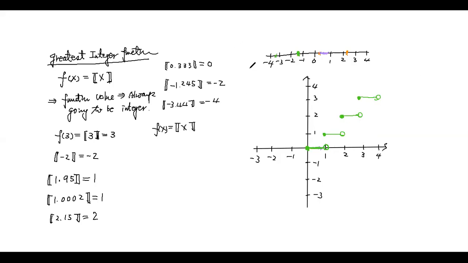Okay, so now let's take a look at the left-hand side. Where x equals negative 1, it's negative 1. When x equals negative 2, it's negative 2. When x equals negative 3, it's negative 3. Take a look here. For everything in between, let's try from 0 to negative 1.